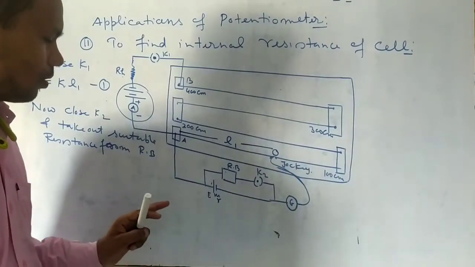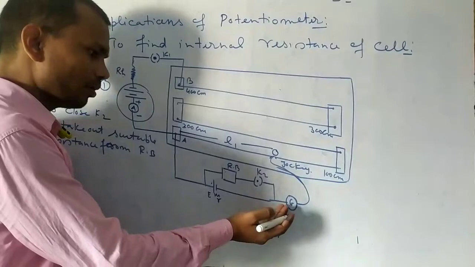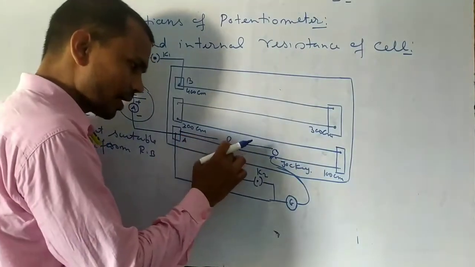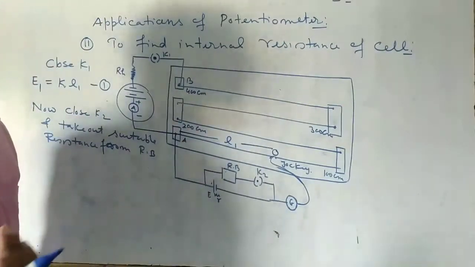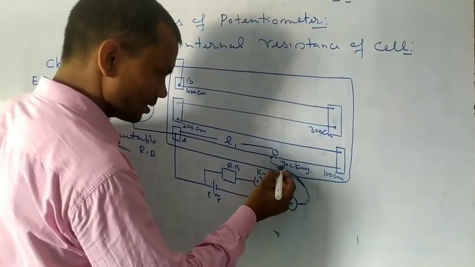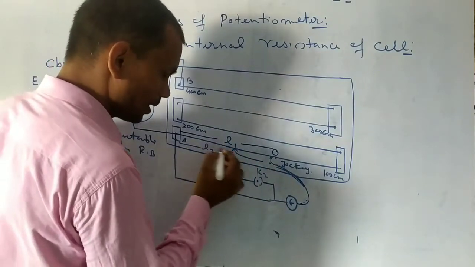Then again, you have to slide the jockey over this wire and find the potential difference. Suppose in this case this is L2, the balancing length.